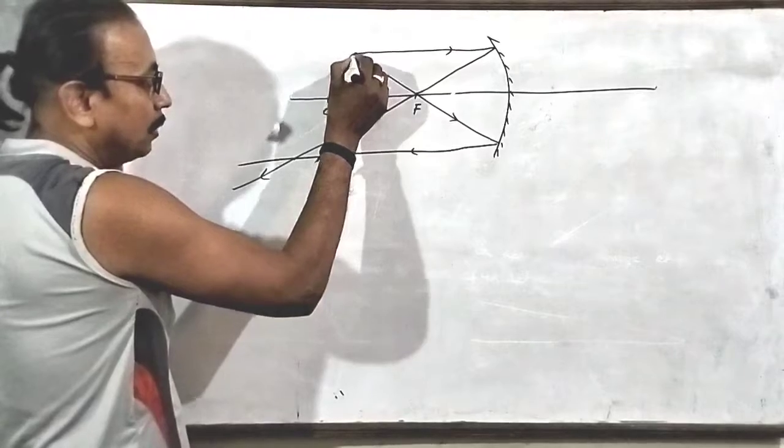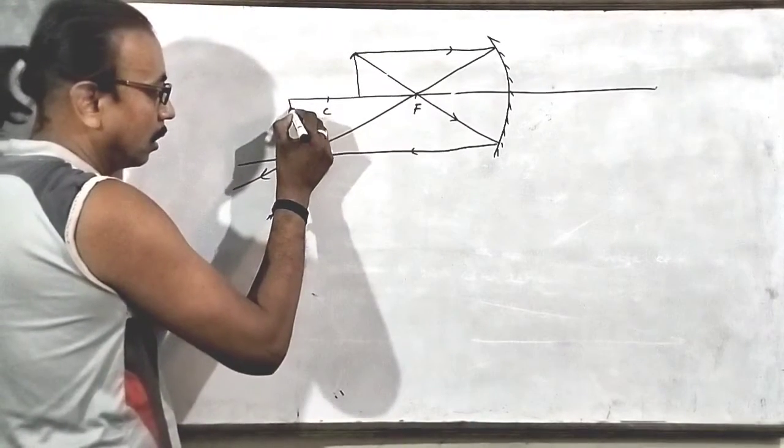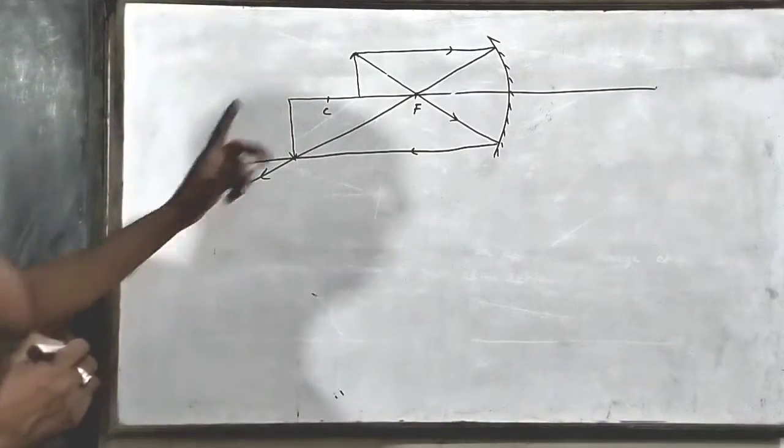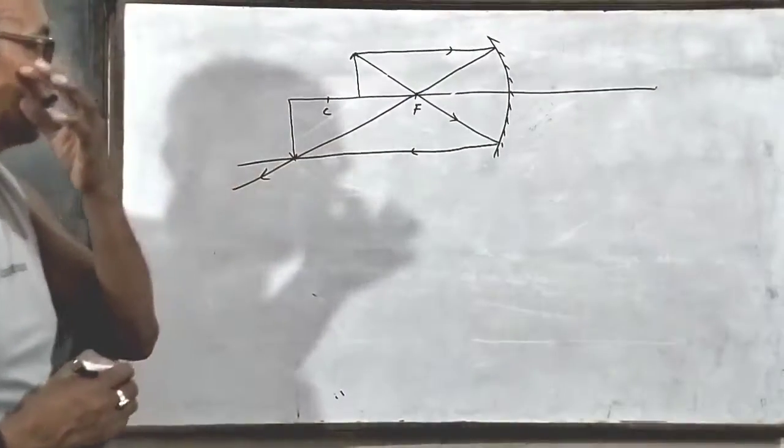Therefore the image of this object will be formed here. We have used two rays in this case.